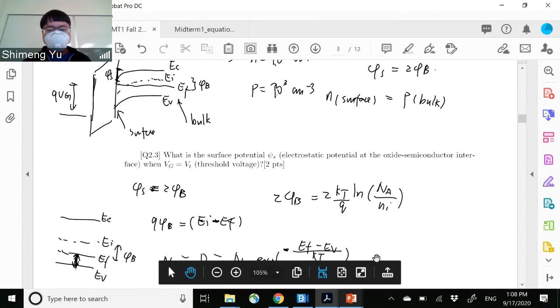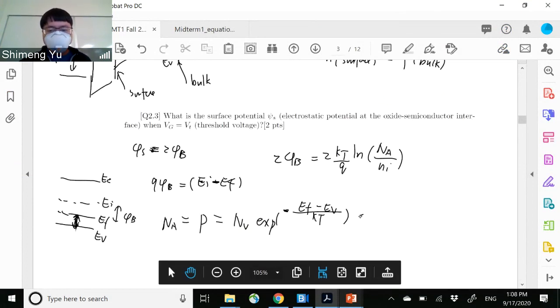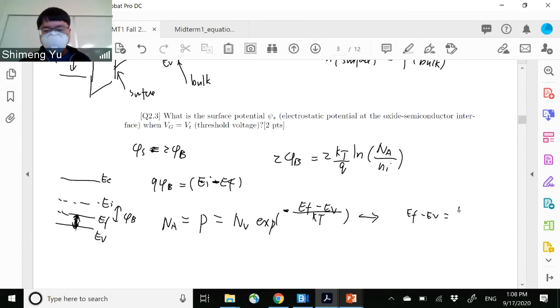So from this equation, you can get the EF minus EV, like kT natural log, and the NV divided by NC, I think. So you get this one.